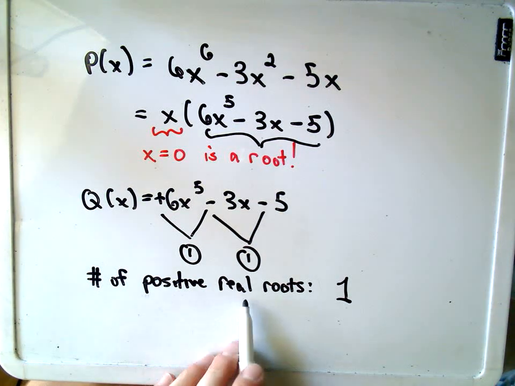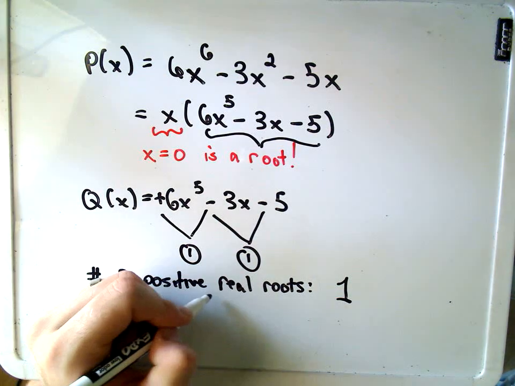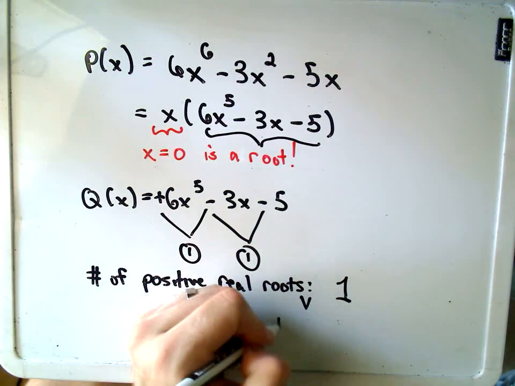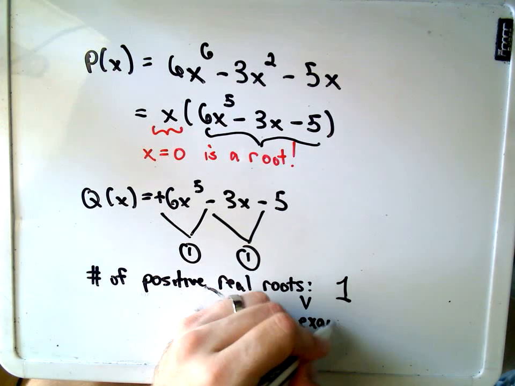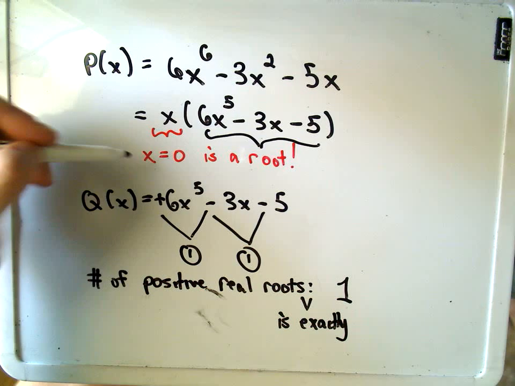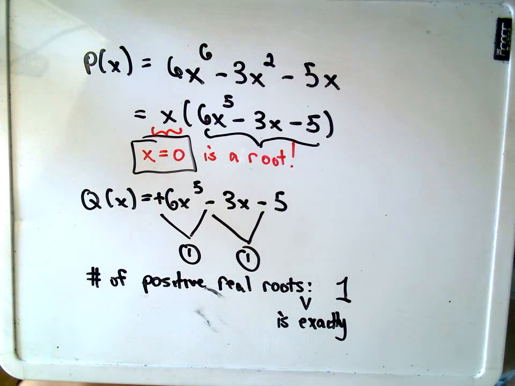So the number of positive real roots is exactly 1. So far we know that 0 is a root of the original polynomial, and we also know that there's exactly one positive real root.